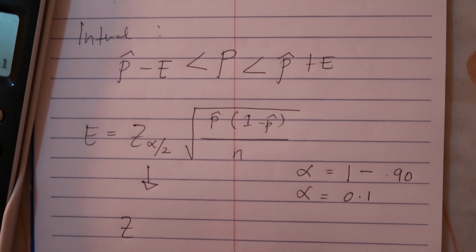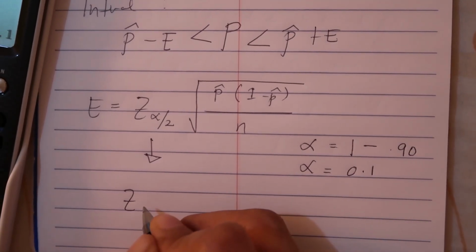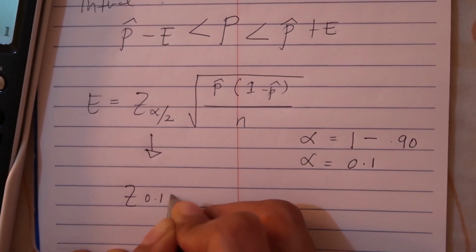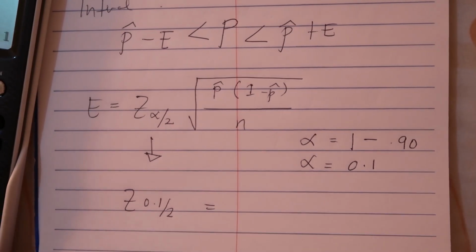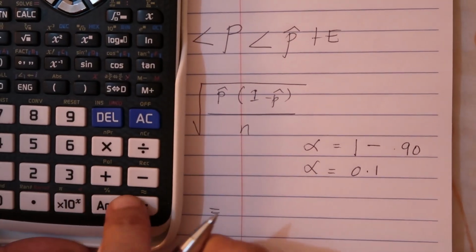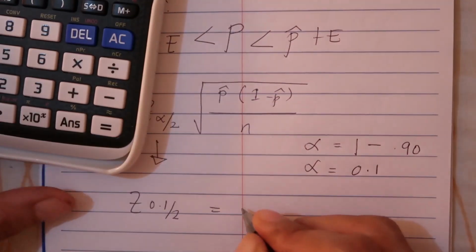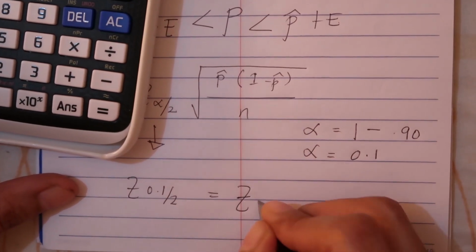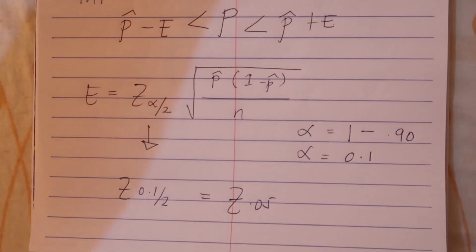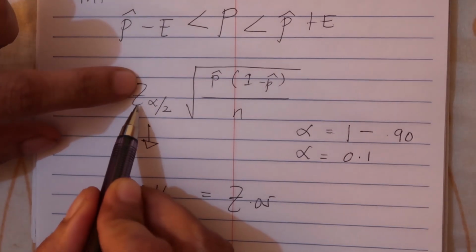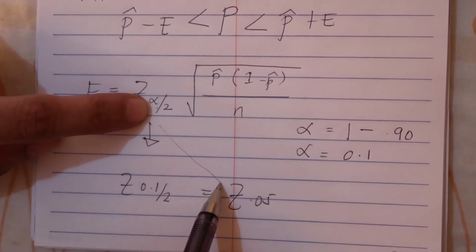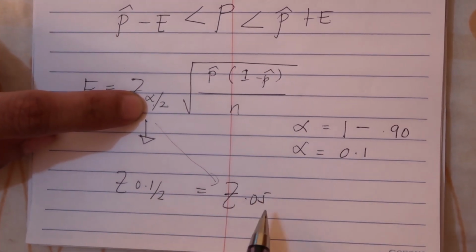So z alpha over 2 is 0.1 divided by 2, so that would be z 0.05.